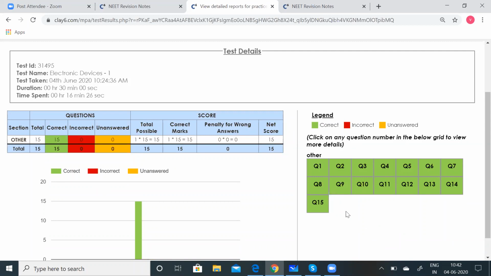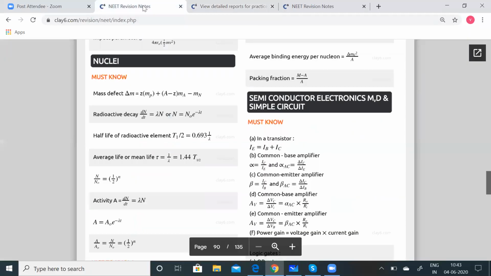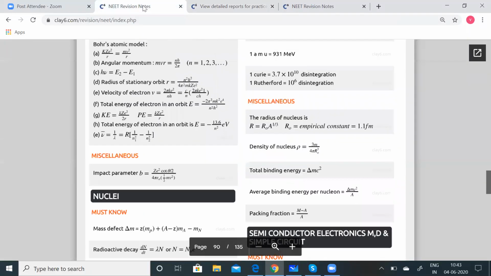Suppose you have not got all the questions correct, you can take this test again, go through the revision notes again, all the concepts and the formulae, and then take the test any number of times until you are thorough with the concepts. Likewise, you can go through the NEET revision notes for all the chapters, right from the first chapter to the last. We've done many individual tests for everything.